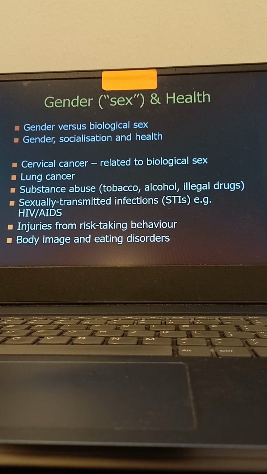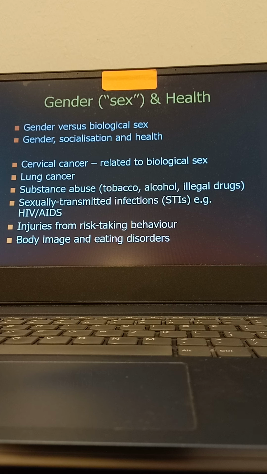So for example, cancer of the cervix is related to biological sex simply because biological women have a cervix and biological men do not. Now, lung cancer, we know a lot of it is due to smoking of tobacco, and usually males tend to smoke at higher rates than females in many countries.